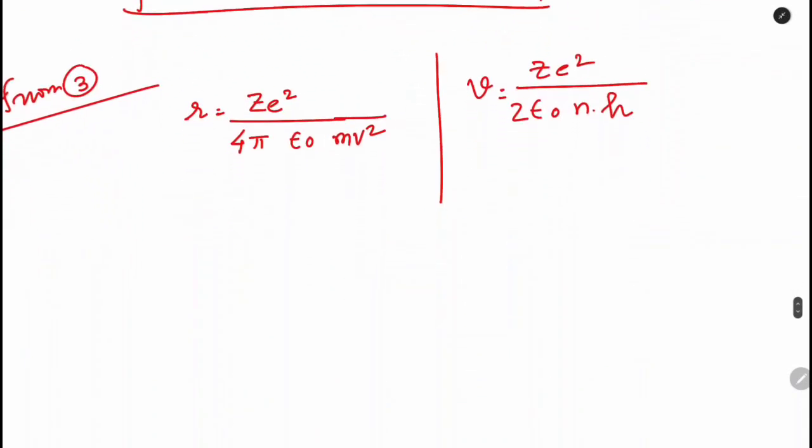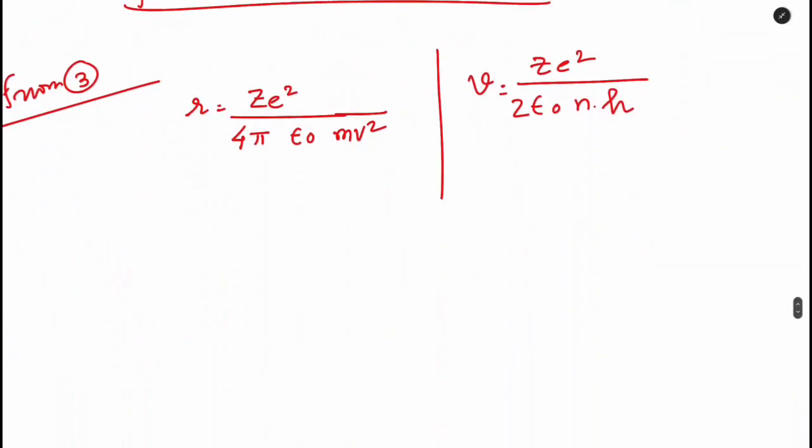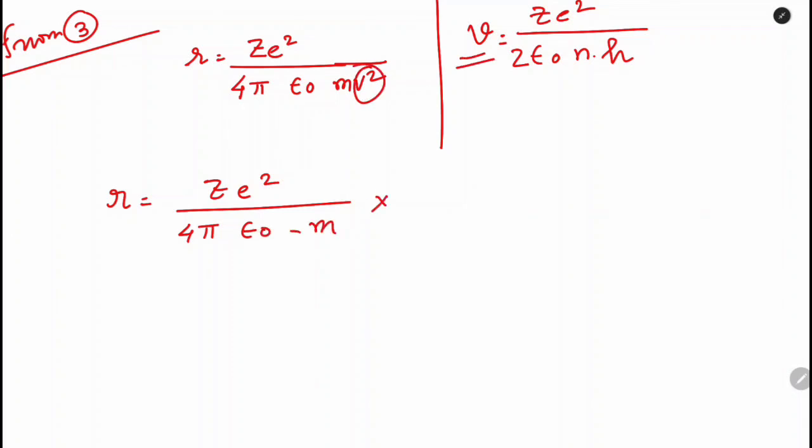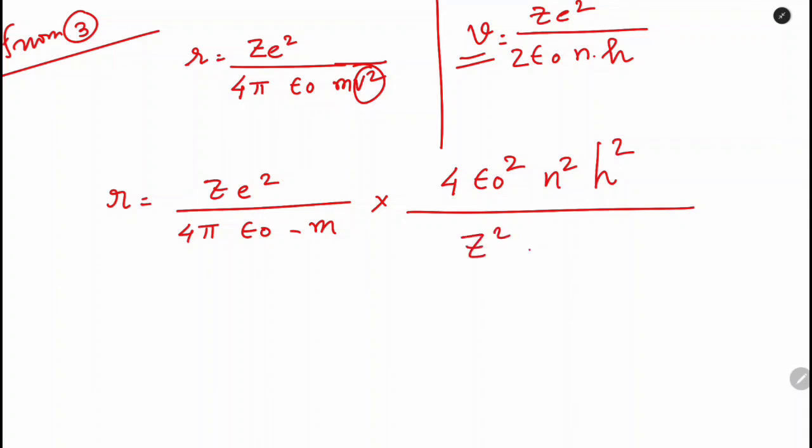So using equation 3 and equation 4, we will have r is equal to Ze² into 4πε₀m, and instead of v² we use this value, and hence we come up with 4ε₀²n²h² divided by Z² into e⁴.